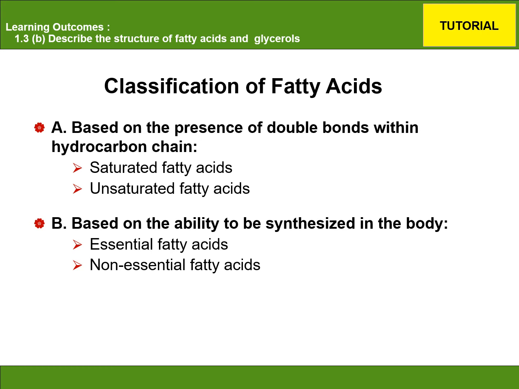They are essential fatty acids and non-essential fatty acids. Essential fatty acids cannot be synthesized in our body, so we get them from our diet, meaning from our foods. Non-essential fatty acids can be synthesized in the body, meaning our body can produce them.